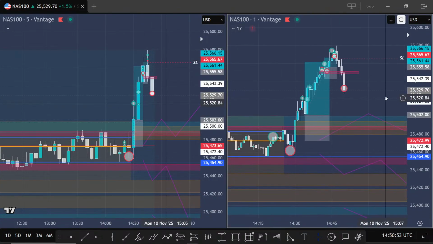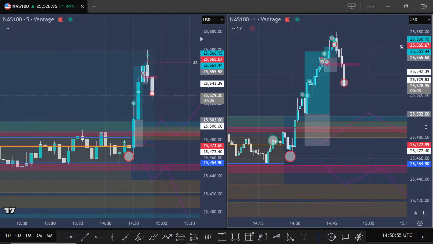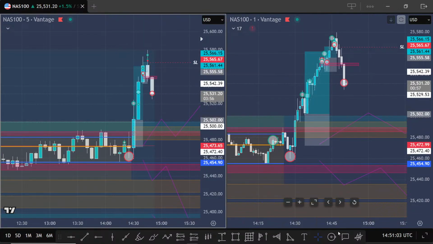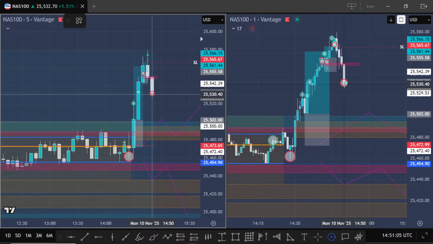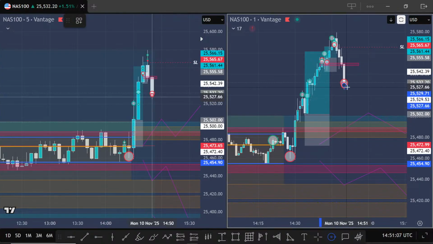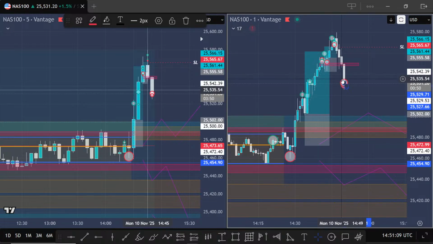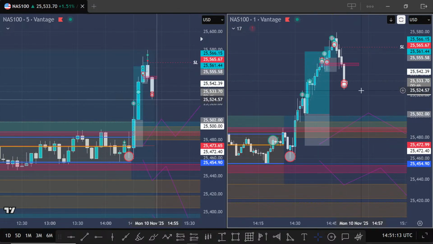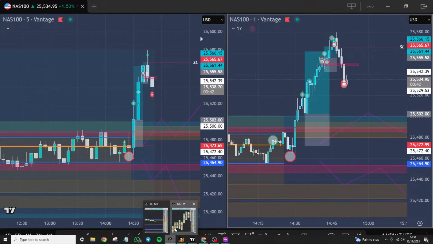Sellers now. A little flurry of sellers there. See if they get absorbed.